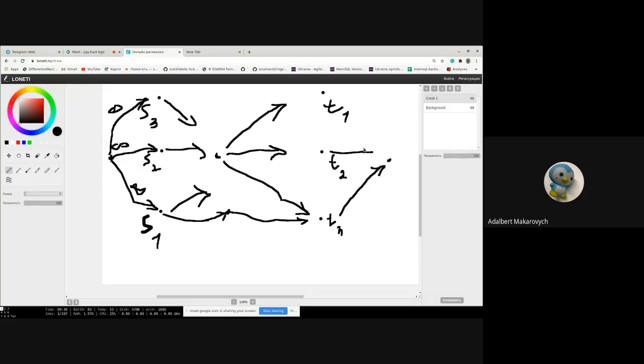Why this is correct is, I think, pretty obvious. We won't violate any previous conditions, and we won't decrease our flow, because all the edges we just added have the capacity of infinity, so we can push our arbitrary flow through them.